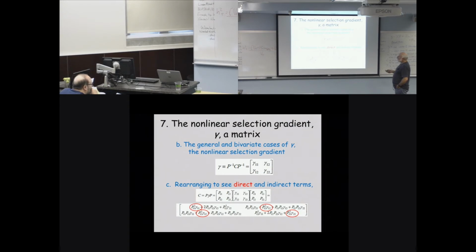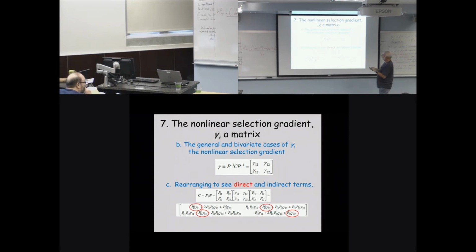In the world of quadratic forms, this should be P minus 1 transpose, but that's the same as this, so that's why we lost our T. Anyway, this is the definition of gamma. And so the point is, gamma is the change in variances corrected for the indirect effects of selection.